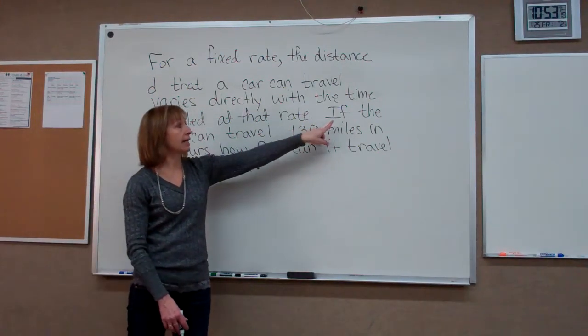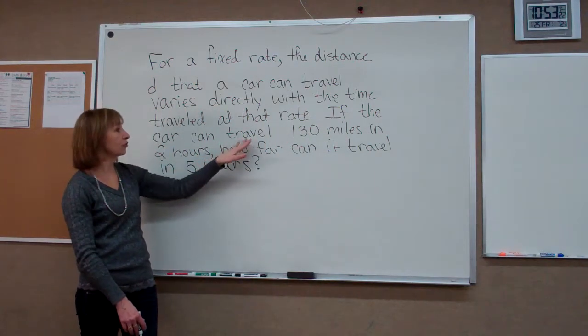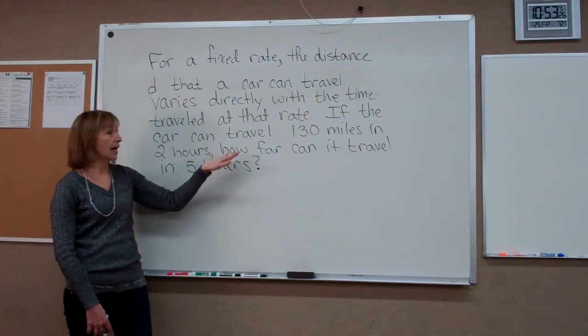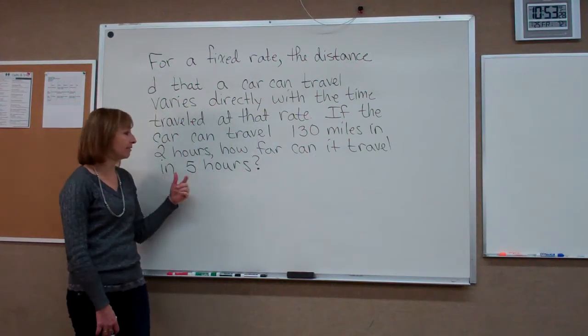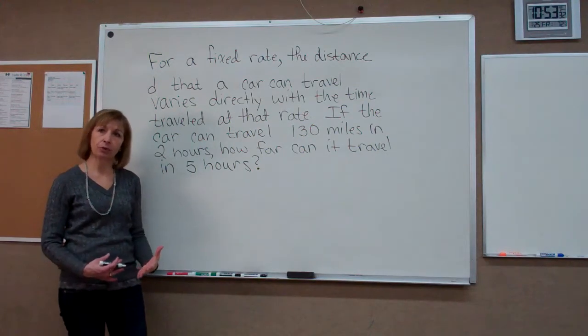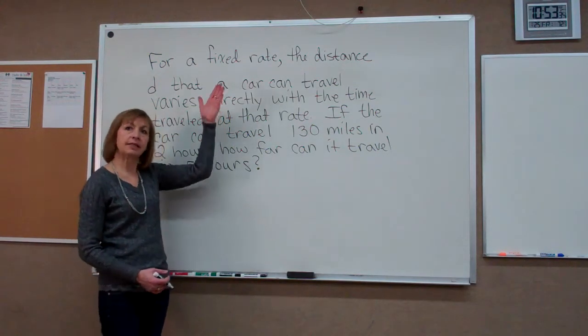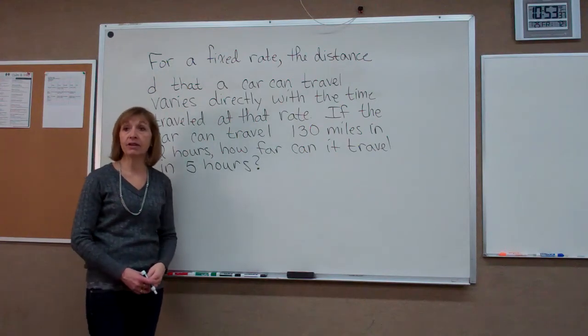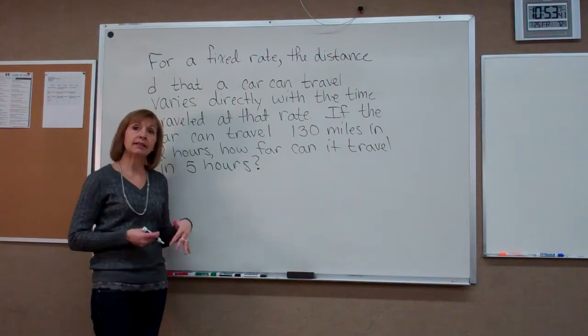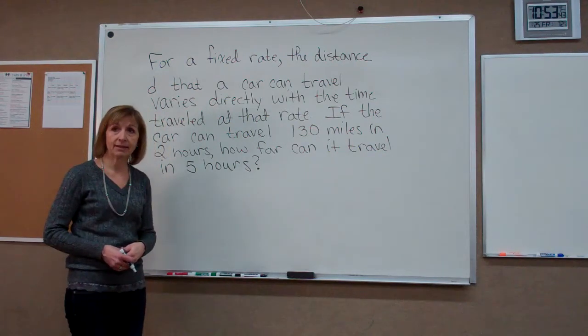Now continuing on, it says if the car can travel 130 miles in 2 hours, how far can it travel in 5 hours? Now the whole outline of how we're going to approach this problem is we're going to take our sentence that describes the variation going on here and write our variation equation like we did in the earlier segments.